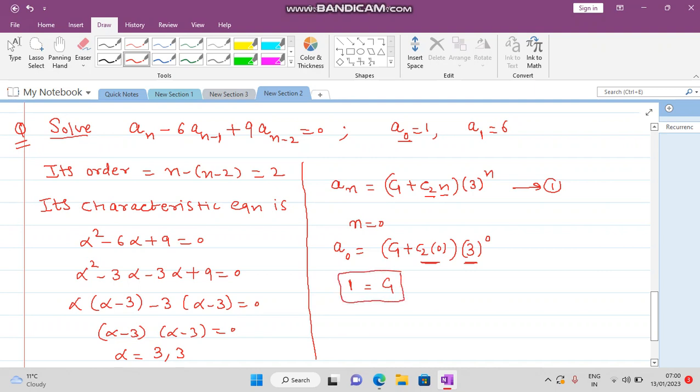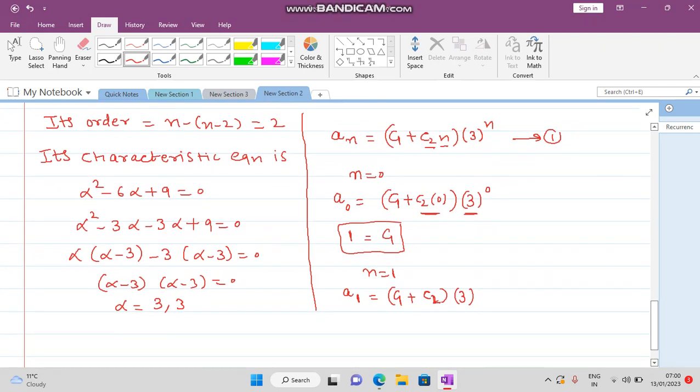Now set the next n value equal to 1. So this equation becomes a_1 = (C1 + C2 into 1) 3, because the n value is equal to 1. And what is the a_1 value? The a_1 value is 6.